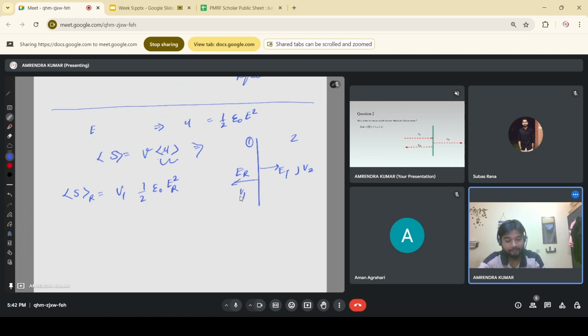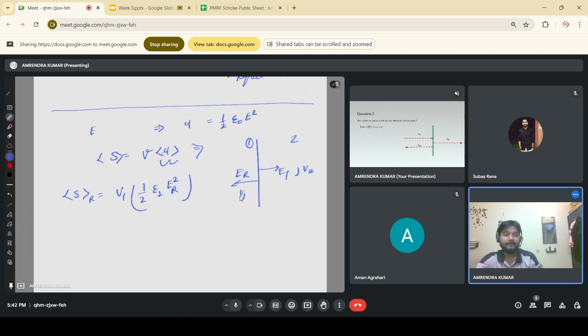Otherwise you can write epsilon for medium 1 and the velocity that we have already written. So this is going to be the energy carried by the reflected wave, and this will be the transmitted one. Transmitted will be V2, epsilon 2, E transmitted square.